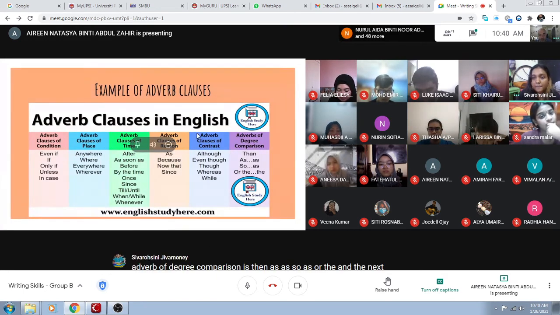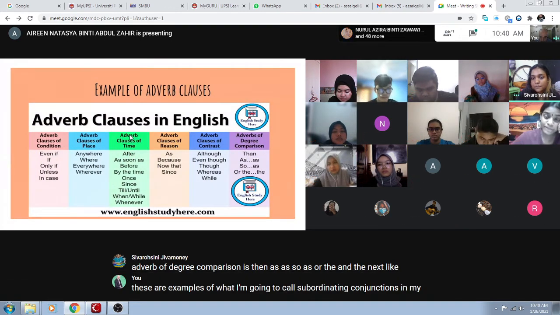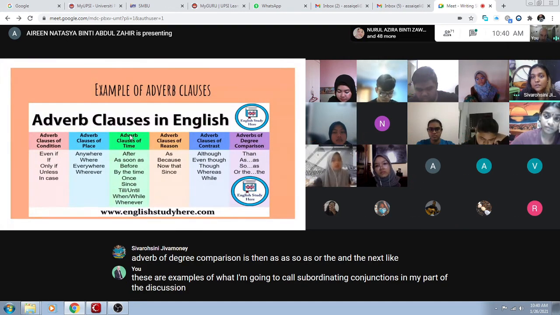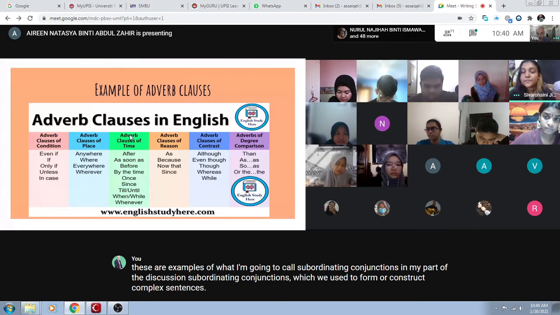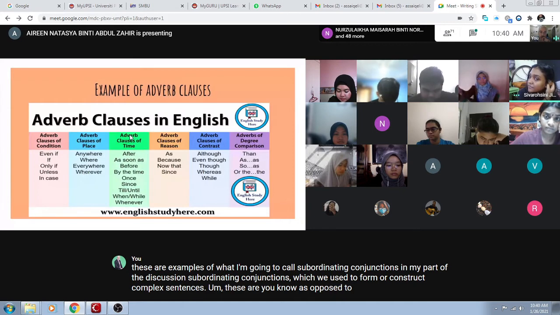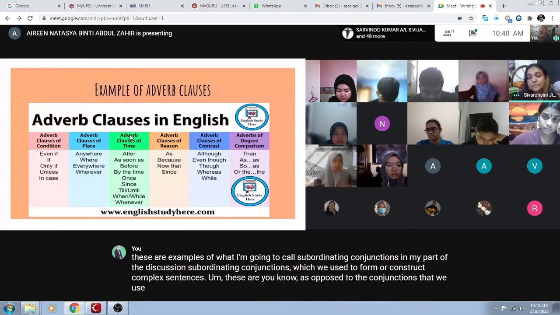These are what I'm going to call subordinating conjunctions in my part of the discussion. Subordinating conjunctions, which we use to form or construct complex sentences. These are, as opposed to the conjunctions that we use to form compound sentences.